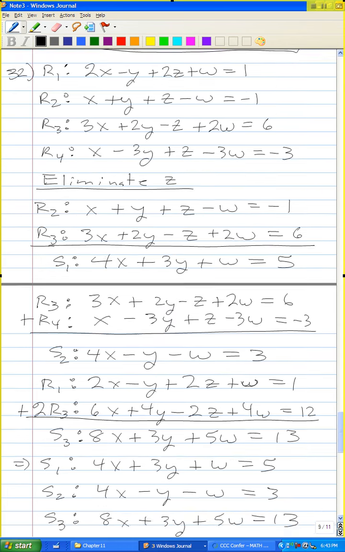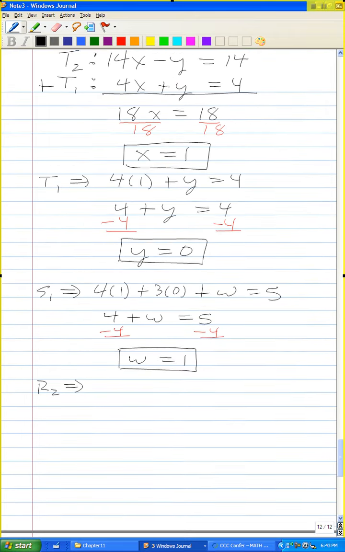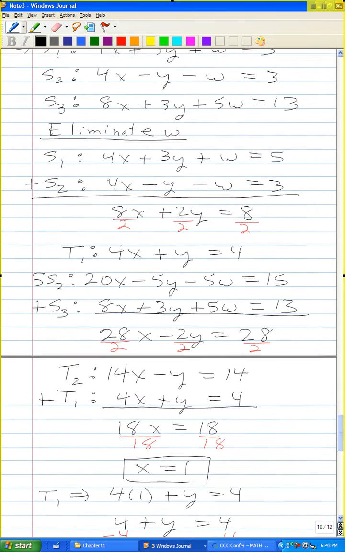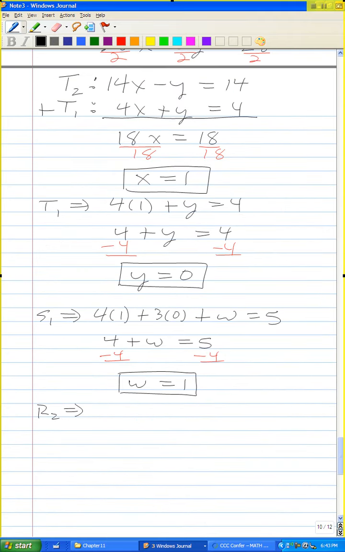Let's do R2. x plus y plus z minus w equals -1.